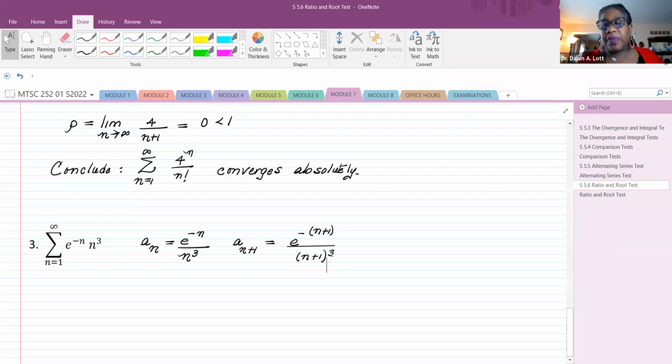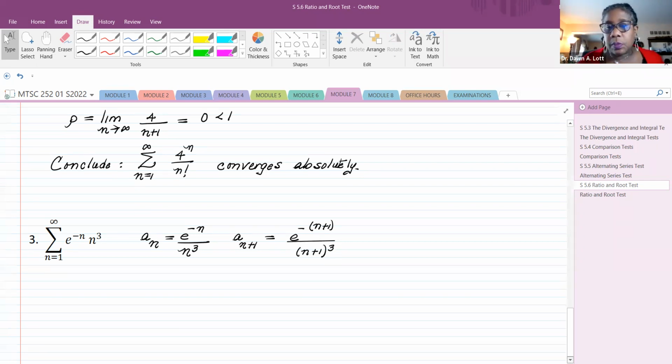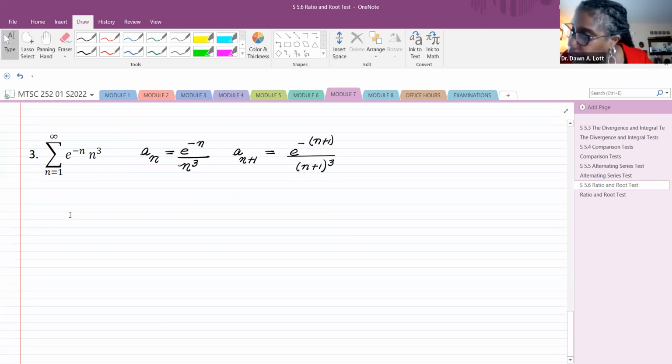Okay, so now we have that. So now rho is the limit as n approaches infinity of the absolute value of a_n plus 1 divided by a_n.